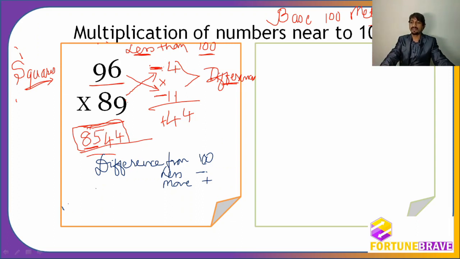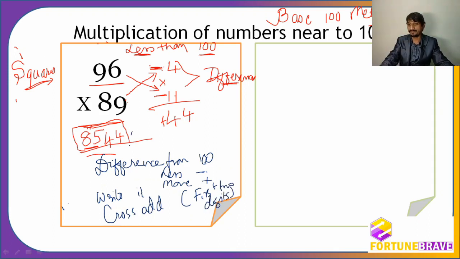Then we wrote the difference from 100 in front of them. Then we did cross addition. Cross addition gives your first two digits. That is what you have to remember. When I did this 89 minus 4, I wrote this as the first two digits.